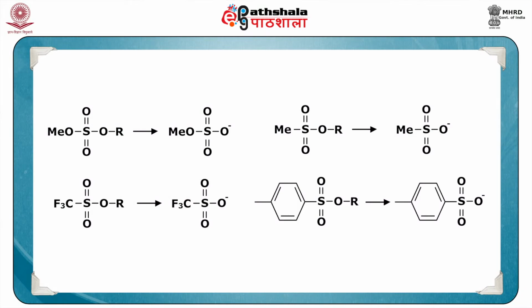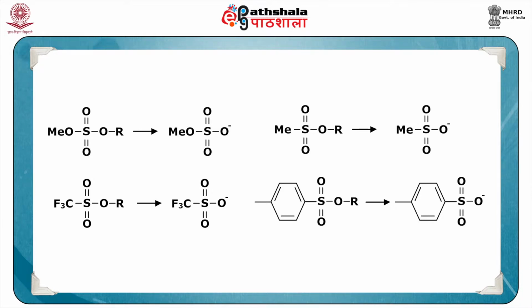From these structures, you can see the various sulfur derivatives of the types ROSO3 minus and RSO3 minus as the leaving group. The alkyl sulfates and sulfonates, like the ones shown here, form excellent leaving groups, and this is due to the formation of resonance stabilized structures when they are leaving.